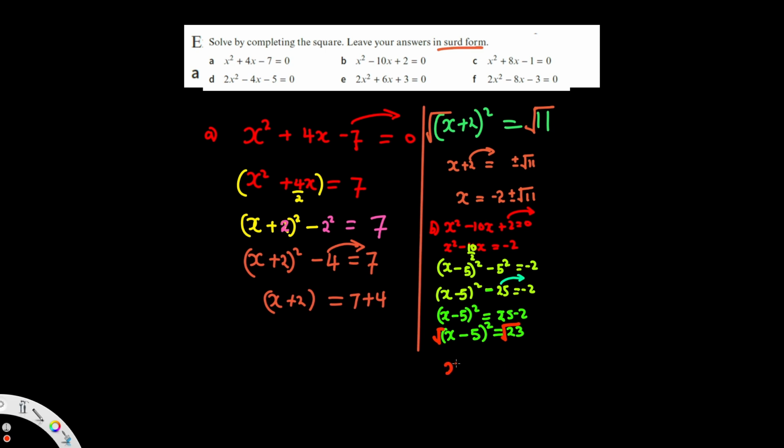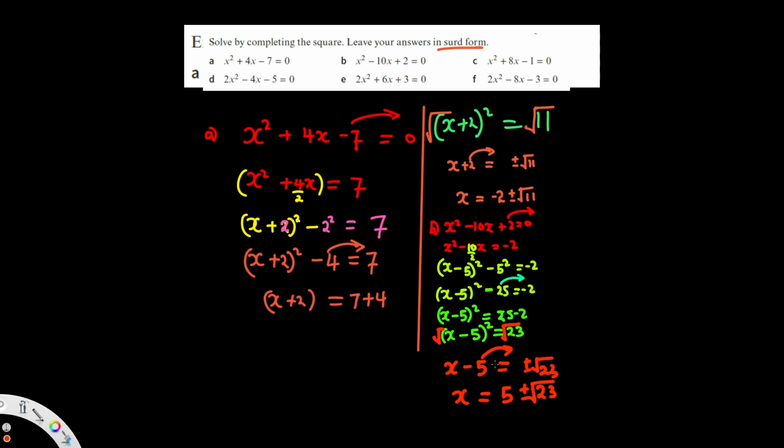This is x minus 5 equals plus or minus root 23. So if we take 5 on the other side, our answer will be x equals 5 plus or minus root 23 as our final answer. That's how you complete the square and use it in order to solve a quadratic equation.